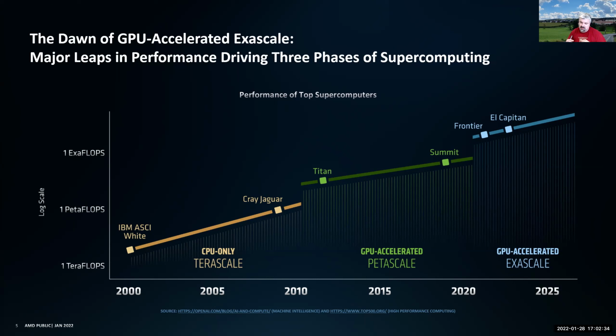And the node level design of the systems was moving away from homogeneous processors to heterogeneous systems that were using processors to drive the workload and have GPUs on top of that to deliver the floating point, the number crunch performance, if you will. There were still some CPU-based systems here and there, but there was a clear path towards the high-end leadership systems being GPU accelerated.